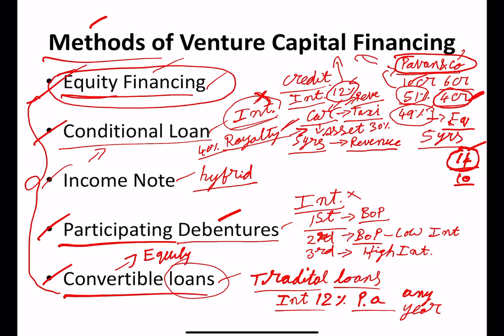It becomes equity, and the creditor becomes the shareholder of my company. After the stipulated time, after 5 years for example, he will double the amount, sell in the open market, make the profit and leave my company.